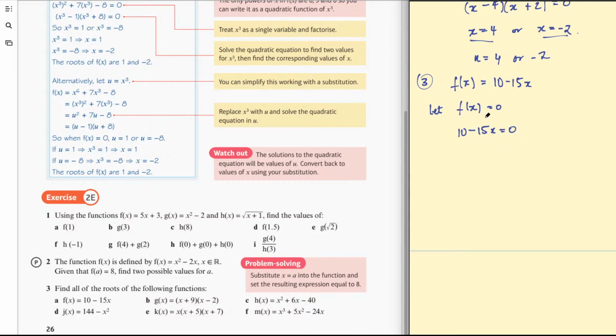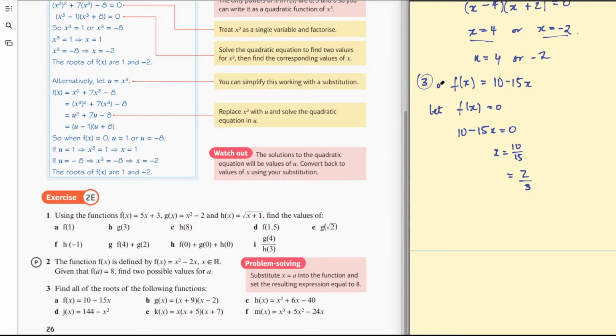And then solve for x. So subtract 10, divide by negative 15, we'd have x equal to 10 on 15. And then simplify, so the common factor there is 5. This is 2 on 3. So substitute 2 on 3 into here, we would get 0.